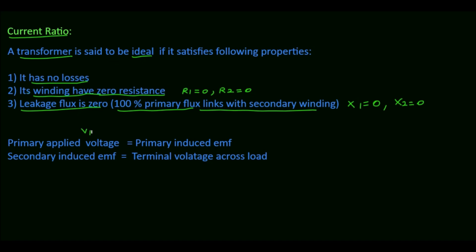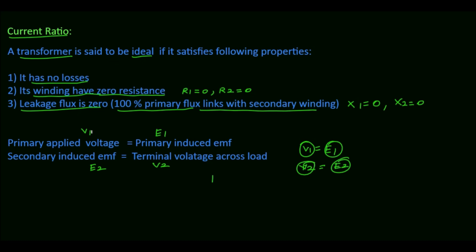If you assume these three, then in the ideal transformer the primary applied voltage V1 is equal to the primary induced EMF E1, and the secondary induced EMF E2 will be equal to the terminal voltage across the load V2, because we are assuming no losses. So V1 equals E1, the primary input voltage equals the primary induced EMF, and the voltage across the load equals the secondary induced EMF, V2 equals E2.